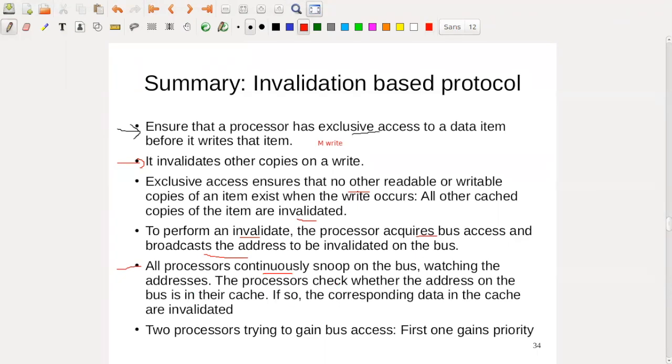If a processor finds that address in its local cache, it's going to invalidate its local copy. And what happens if two processors are trying to gain access to the bus in parallel? The first one is going to gain priority.